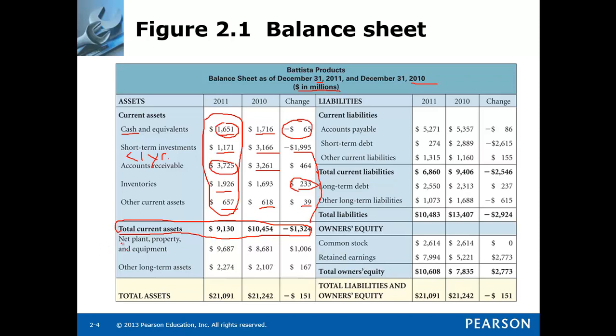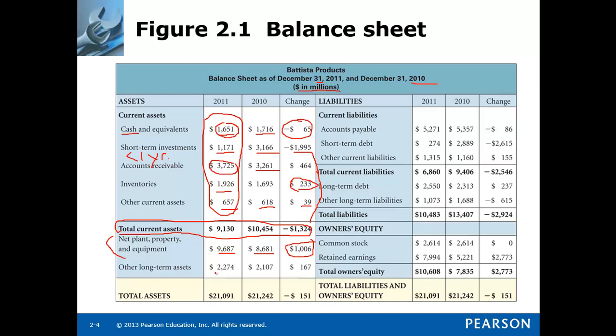Following total current assets, you have your long-term assets, which is really your plant, equipment, and buildings. These are things that are durable and can be held in the long term. You can see that Batista Products has made a significant investment in their plant, property, and equipment to the tune of about $1 billion.